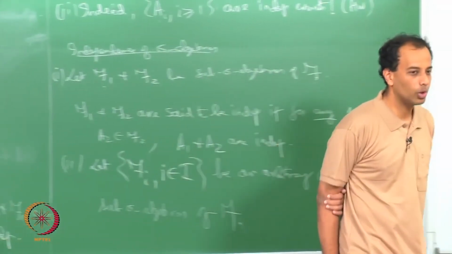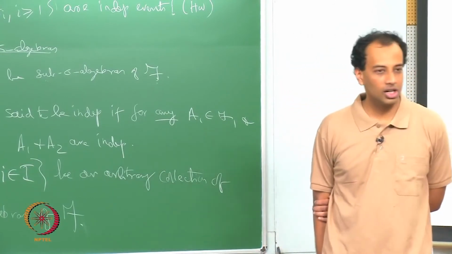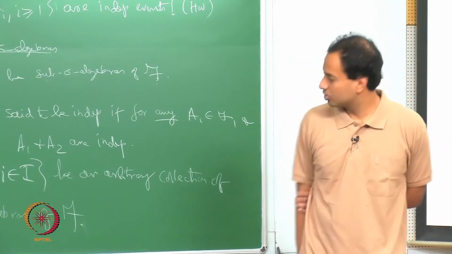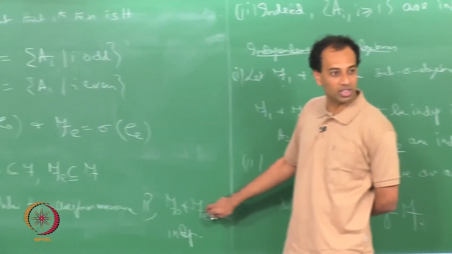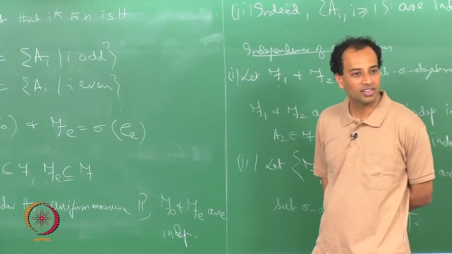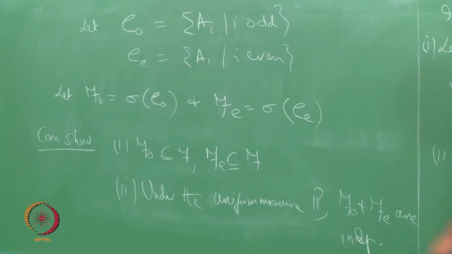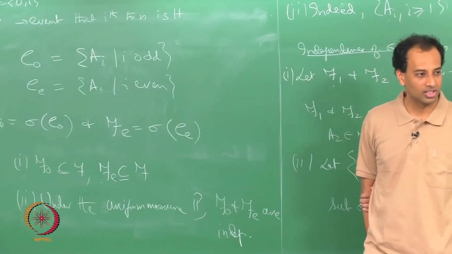In order to do that, you fix any event B pulled out of here, and any other event pulled out of here must be independent, right. The core of the argument is the following: any event pulled out of here will only depend on the outcome of the odd tosses, and any event pulled out of here will only depend on the outcome of the even tosses.